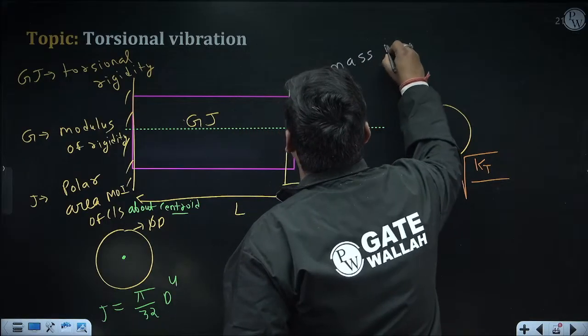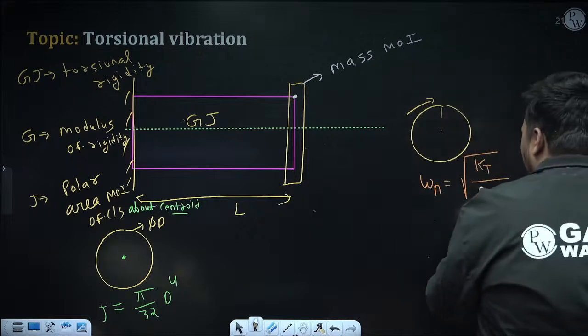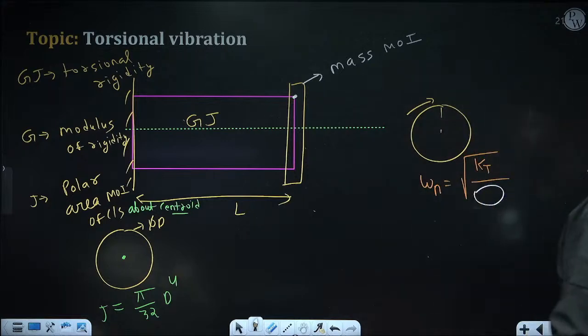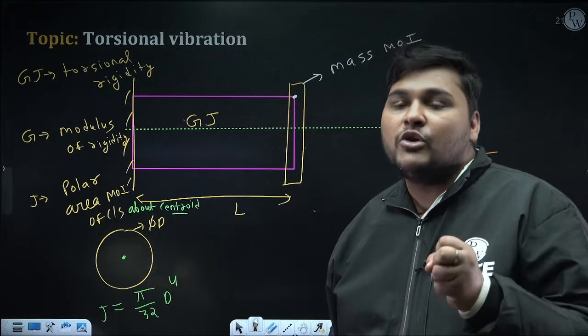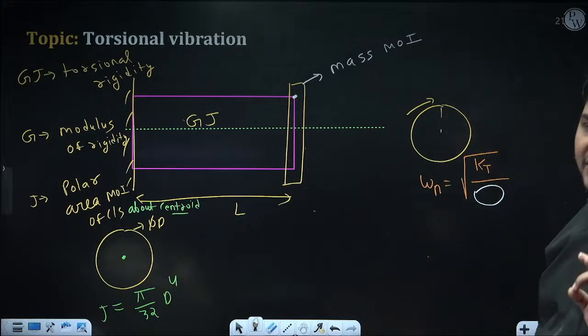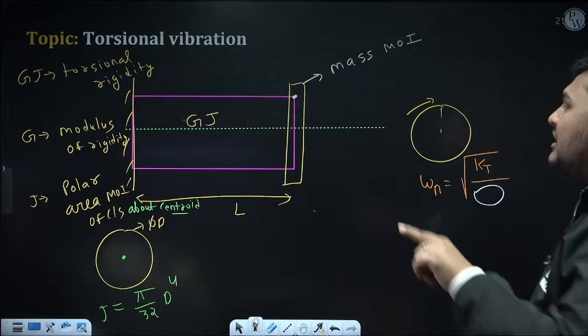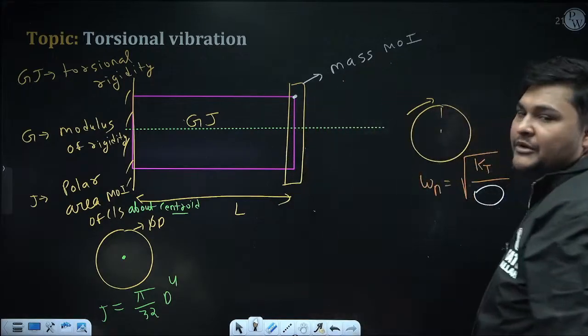It is mass moment of inertia, it is not area. Whenever I write the term which comes below in this formula, we take the inertia of the object, meaning by including mass. So in case of translational motion, the mass of that body was coming, but in case of rotational vibration, the mass moment of inertia of this rotor will come into the picture.